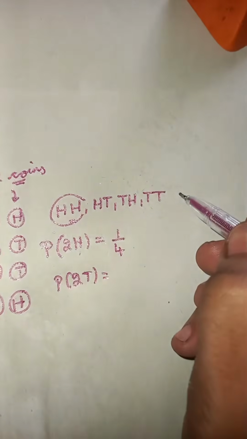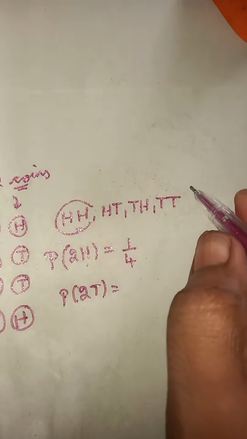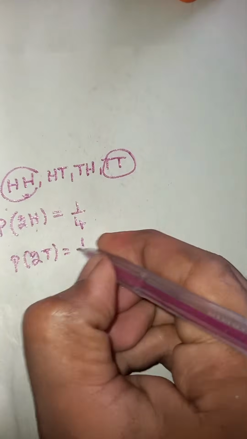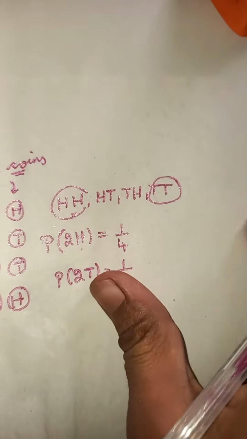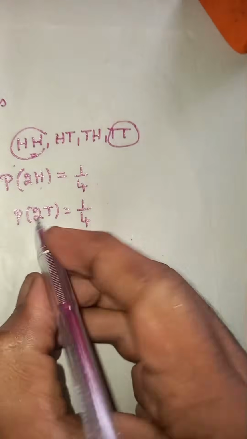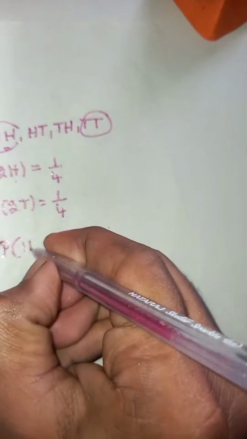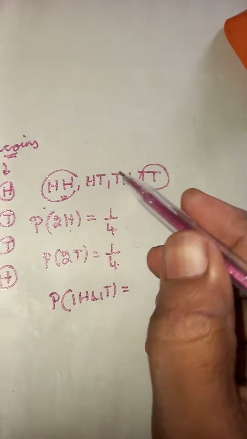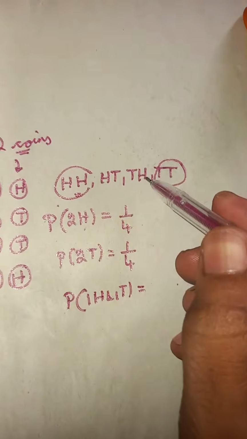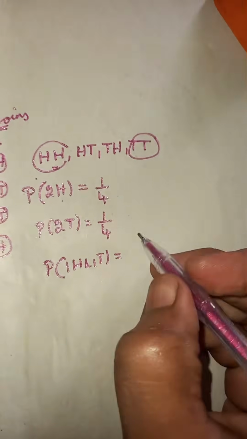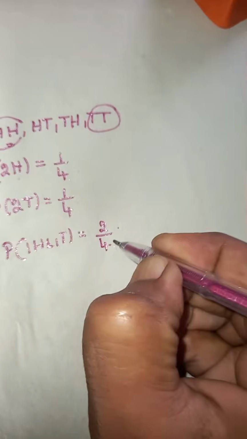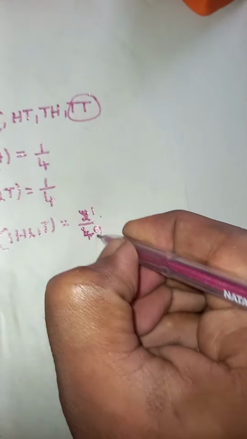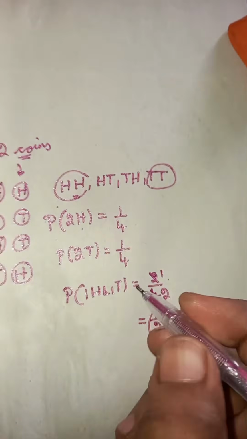Even in four chances, getting two tails is one chance, so it is 1/4. Now they may ask for getting exactly one head and one tail. There are two different chances among four different outcomes. You may write it as 2 by 4, which is 1 by 2. It is a half chance of getting one head and one tail.